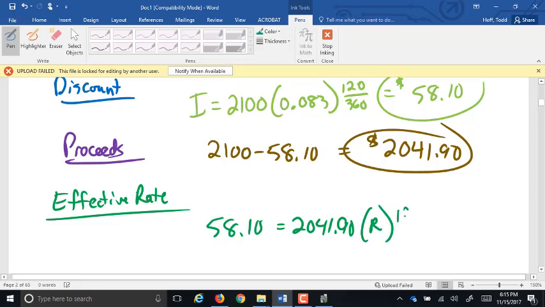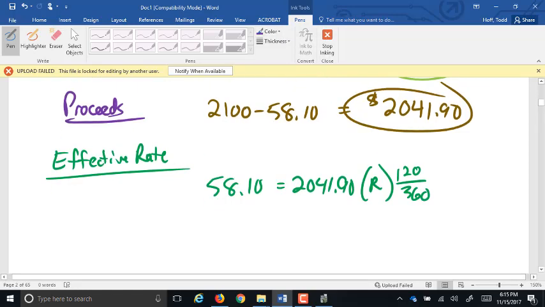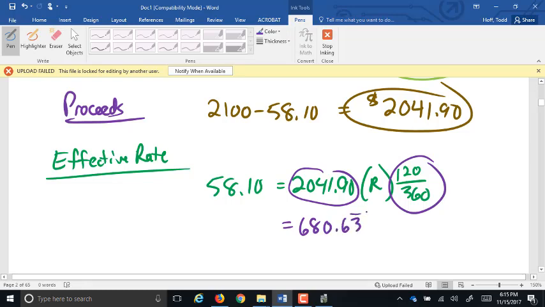$58.10 equals $2,041.90 times R times 120 over 360. And then we combine those two, multiply those two, and we get 680.63, and that's like 3 repeating, right?